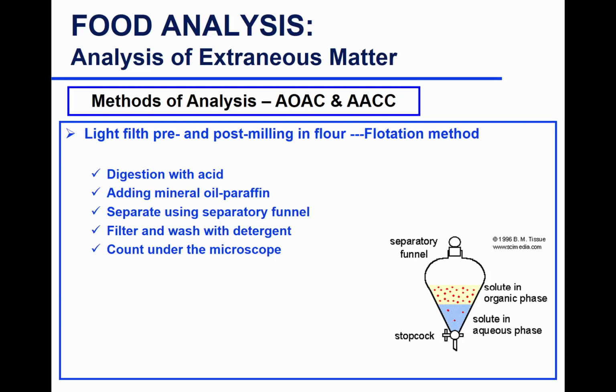So here you use a separatory funnel, so you have your aqueous solution where the starch or components of the flour are digested and remain in the aqueous phase, and then you have your organic phase, or the oil phase, where your light filth will be. Then you separate the two phases, filter and wash with detergent, then count under the microscope again.